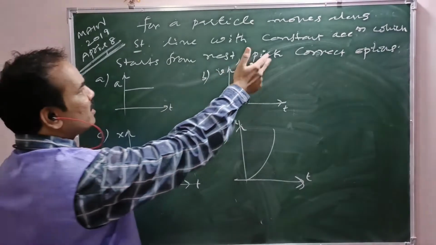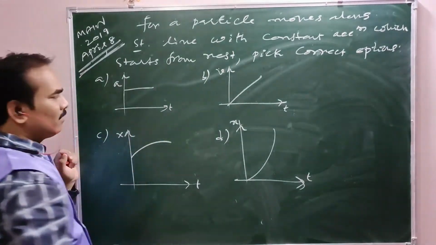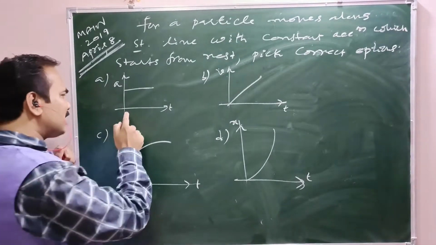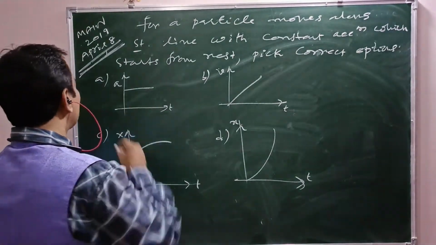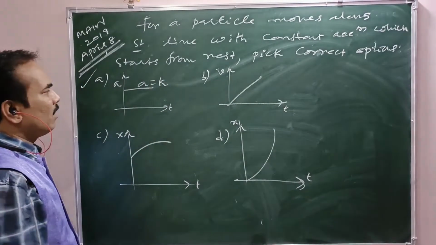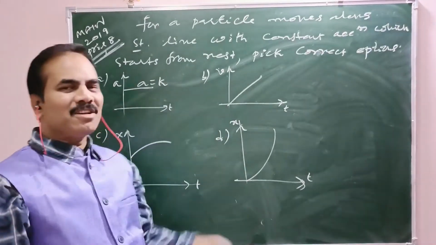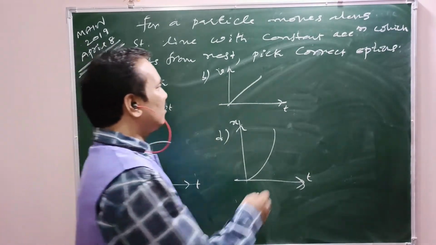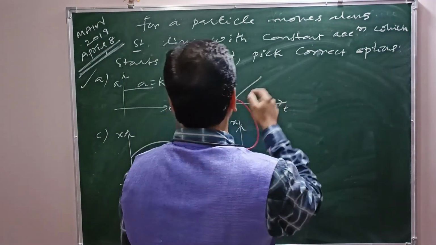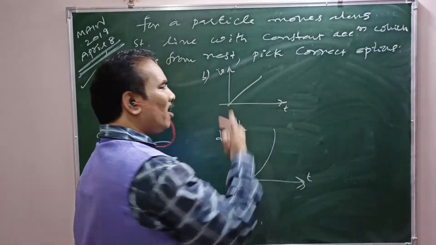From the question itself, acceleration is constant. So there is no change in acceleration with respect to time. As time goes on, acceleration is constant. So option A is correct. Now option B. In V versus T, the slope is also acceleration.